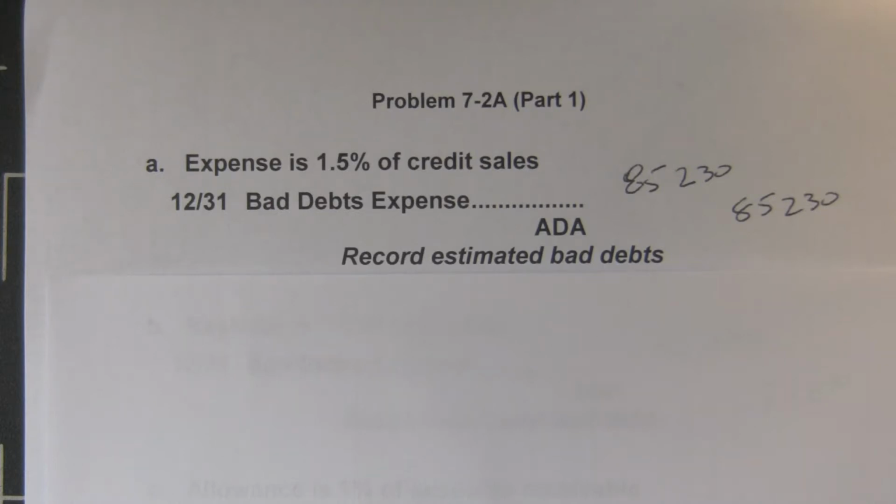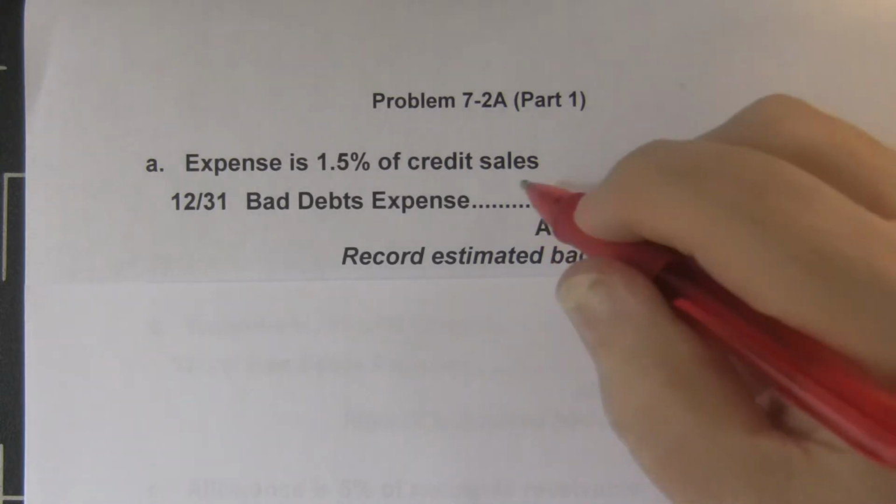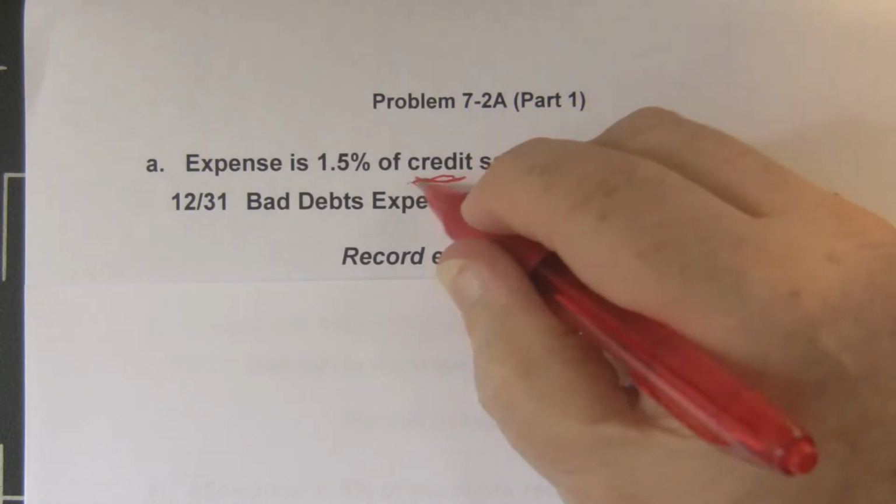Problem 72A, Part 1, asks us to find what the adjusting entry would be, year end for bad debt. In the first case, they give us the scenario, what if it's 1.5% of credit sales?